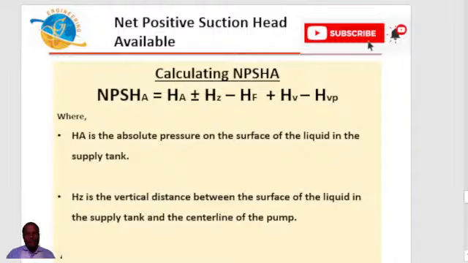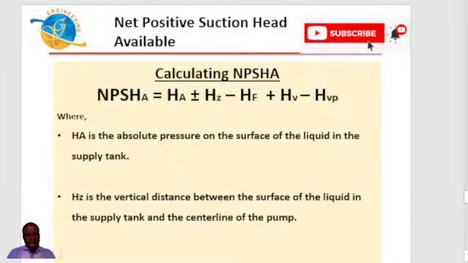So it is very important that as a process engineer or as the rotating equipment engineer, carrying out detailed engineering for any centrifugal pump under any project, you should be able to calculate your NPSHA, which is that energy, that head available at your pump junction to do what? To prevent cavitation for your pump.